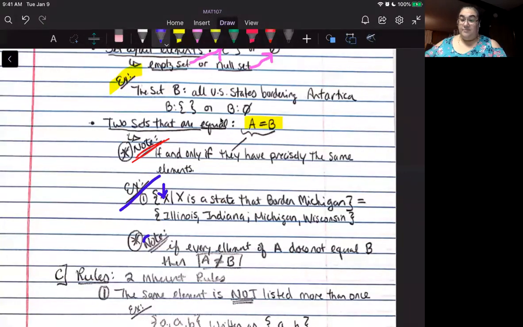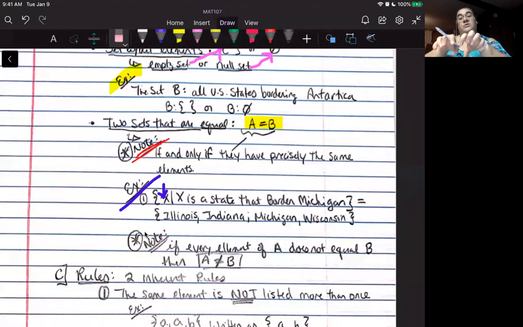However, and here's the part you need to notice, which brings us back to what we were saying before: you can only state the two sets are equal to each other if they have precisely the same elements. Here's what you're trying to note. If every element in set A, the set of X, which is equal to the states that border Michigan, is not equal to every element in set B, Illinois, Indiana, Michigan, and Wisconsin, then set A would not be equal to set B. So for two sets to be equal, they must contain all the same elements.